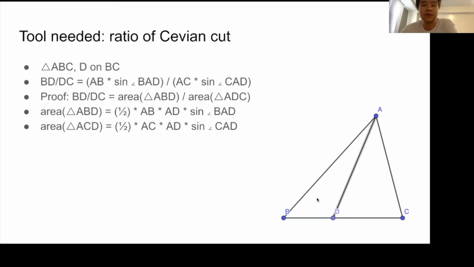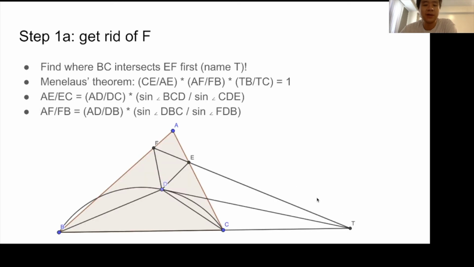So going back to what we have just now, this FDA and ADE we can already substitute with DBC and BCD, which is also why I used these angles instead of the original ADE and ADF themselves.